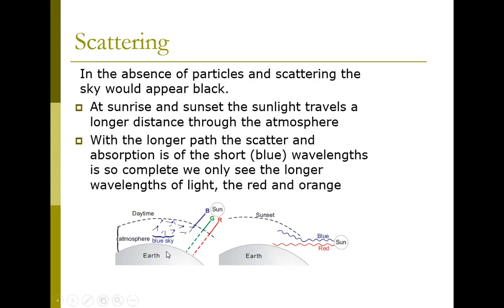It will not reach the earth. Whatever radiation or sunlight rays have longer wavelength, shown with the red and green color, will reach the earth. This is for the sunrise. This has been shown during the sunset.